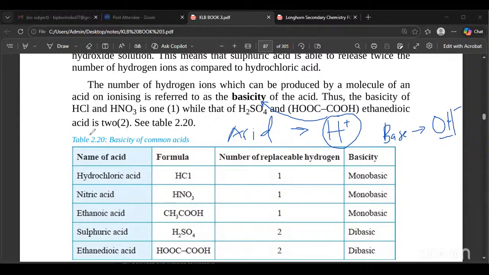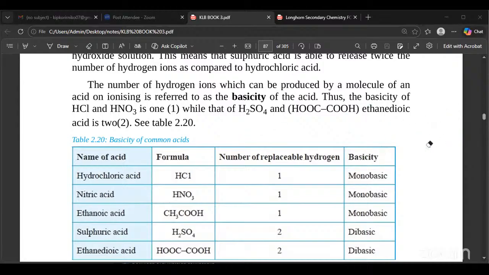I'm saying this because when you're solving those calculations and you have the equation, sometimes the basicity affects you, especially if you don't know whether this is a monobasic, dibasic or tribasic acid, and that brings problems.